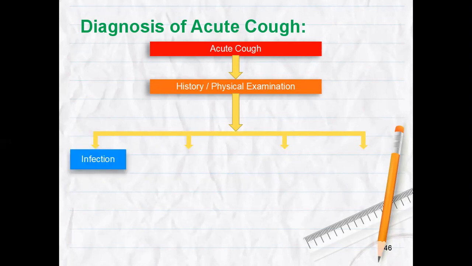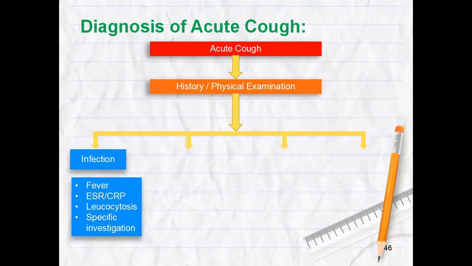So that might be infection. If it is infection, then it is suggested by a few signs, which might be fever, raised erythrocyte sedimentation rate, increased C-reactive protein value in serum, increased leukocytosis, and if there are signs of infection, then we have to perform specific investigations.